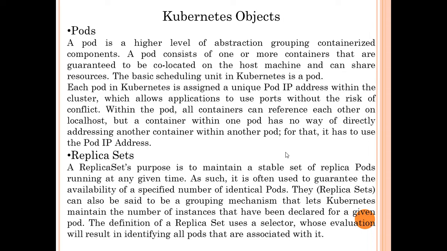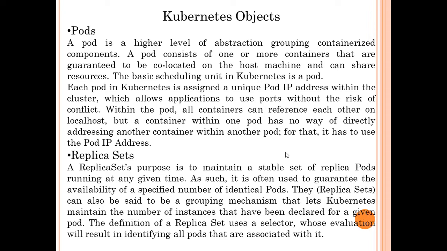First one is a pod. Now, what is a pod? A pod is a collection of different containers running at a single place. It is a group of containerized components, which means a number of containers running in a single place is known as a pod.